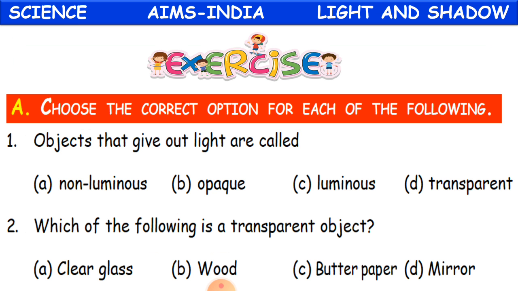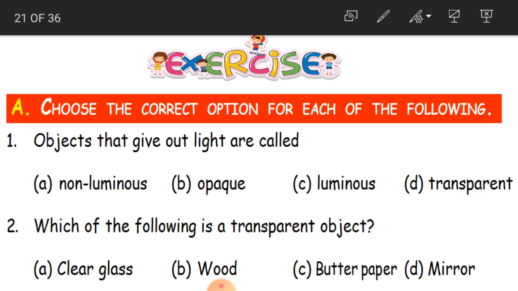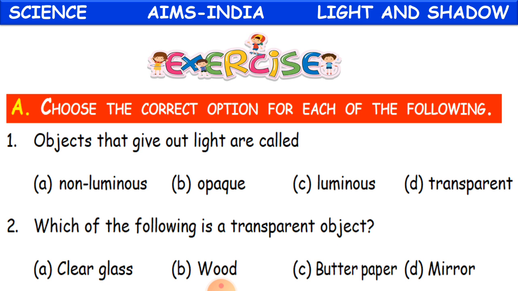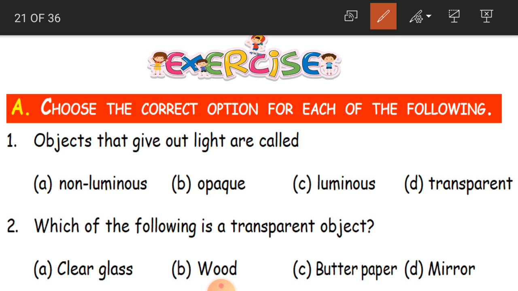Let us do that. The first one is choose the correct option for each of the following. Four options have been given here. You have to select the right option. The first one is objects that give out light. Objects that give out light are called non-luminous, opaque, luminous or transparent.